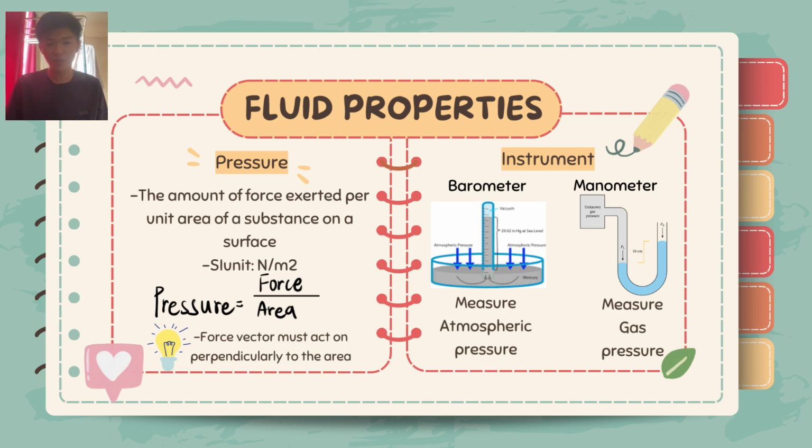There are two instruments that we learn in the pressure measurement in fluid mechanics. The first one is barometer, which is to measure the atmospheric pressure, and the second one would be manometer, which is to measure the gas pressure in gauge pressure unit.